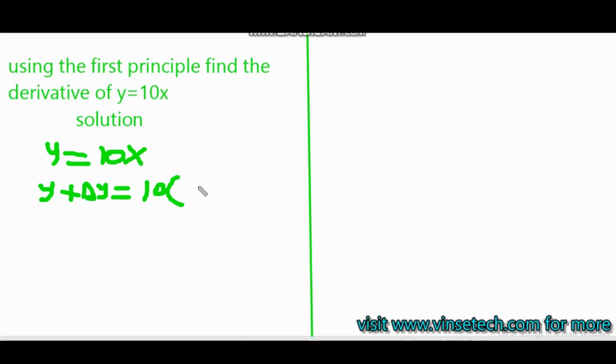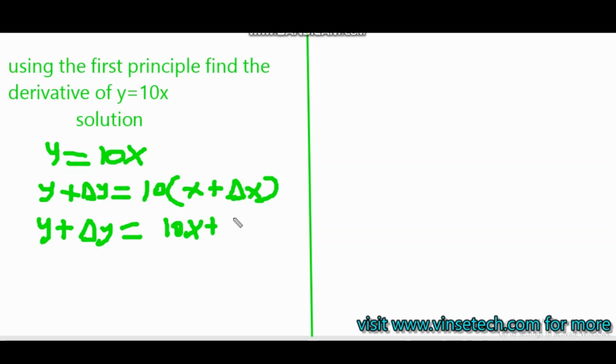So adding the delta x, we now have x plus change in x, and now close the bracket. Then the next thing to do is to open the brackets. Opening the brackets, we now have y plus change in y is equal to 10 multiplied by x, we have 10x, then 10 multiplied by delta x, you now have 10 delta x.